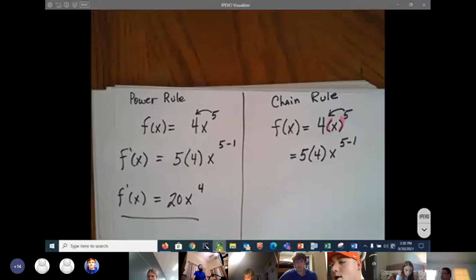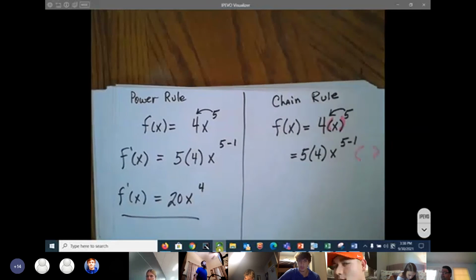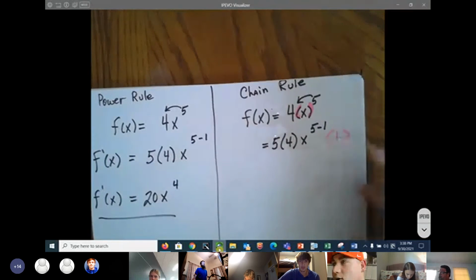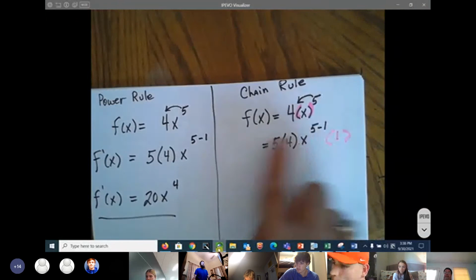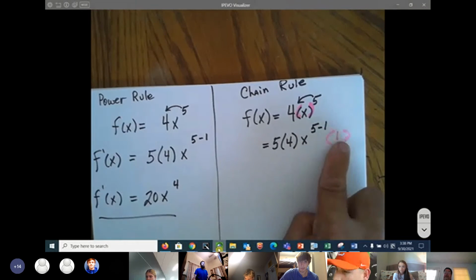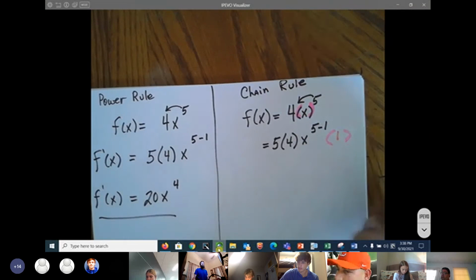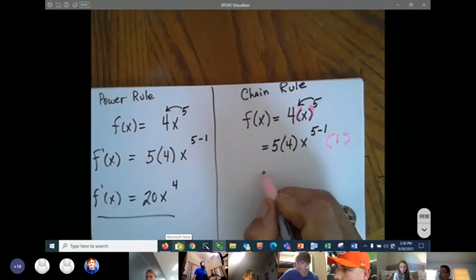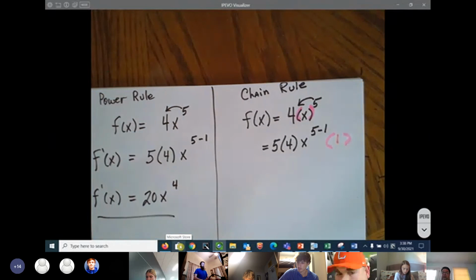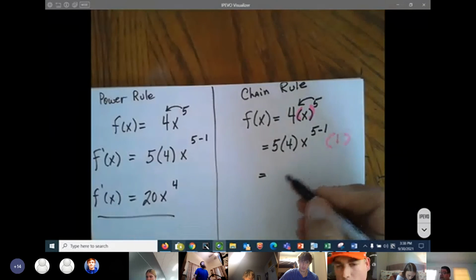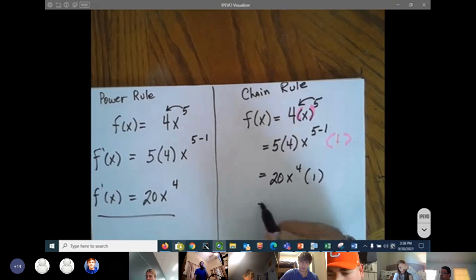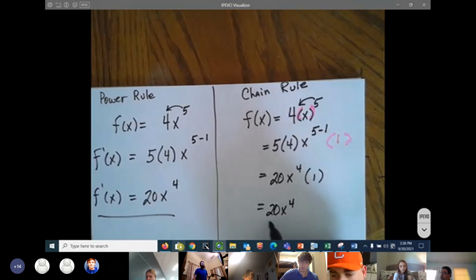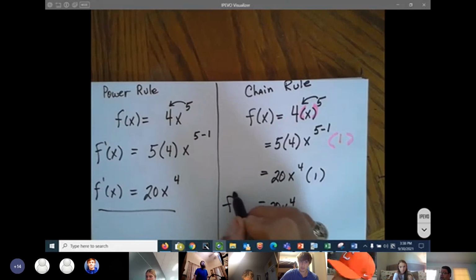What's the derivative of x? One. And you just did the chain rule. That's the difference between the power rule and the chain rule. You add this step right here. So I just did the chain rule. Do I get the same answer? Yeah. So that's how you know it's right. 20x to the 4th times 1 is 20x to the 4th. F prime of x.